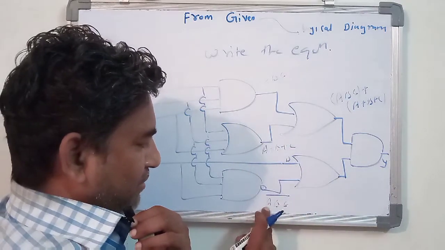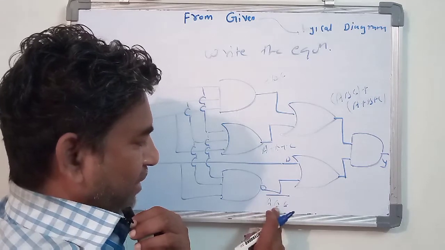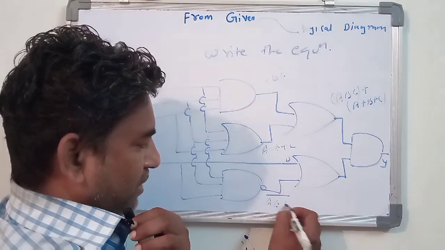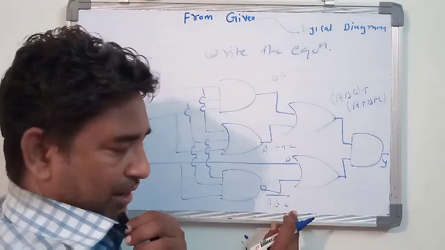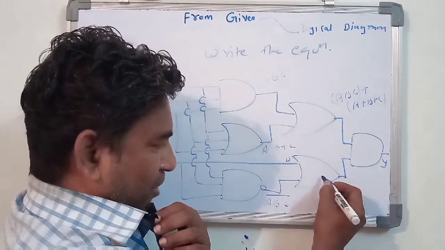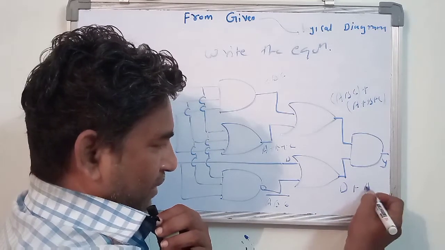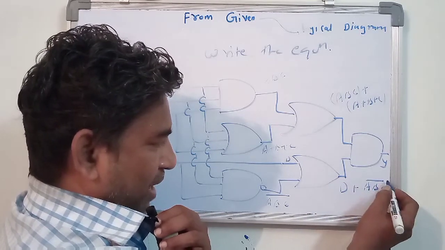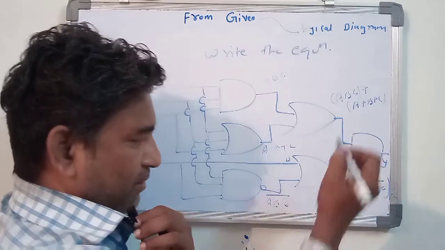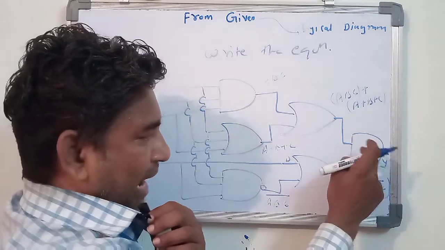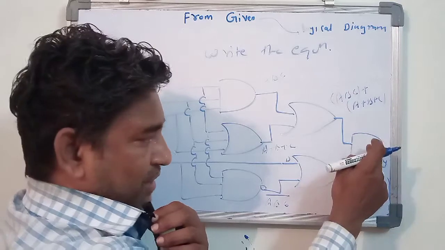So this D and this input, that is ABC bar. Okay students, it is ABC bar. So as it is an OR gate, D plus ABC whole bar, you may draw the bracket like this. And at the end, it is an AND gate.